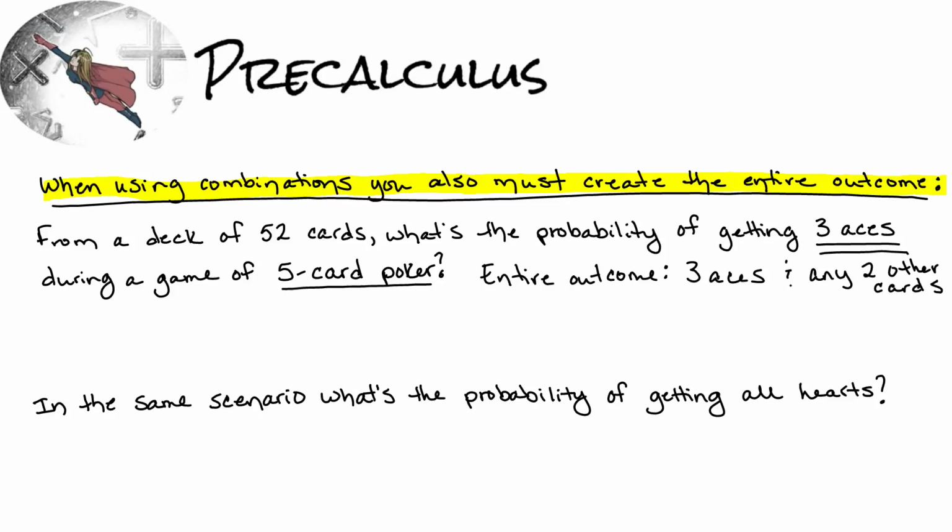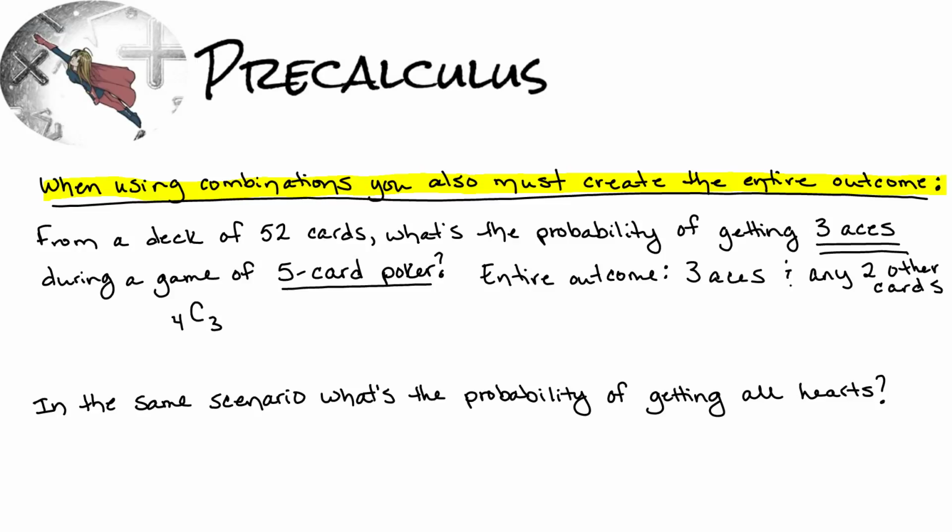Since there's 52 cards and altogether we're selecting 5, we have to use combinations because we're choosing more than one single card. So the number of ways to get the 3 aces: in a deck of cards, there's 4 aces altogether, and we just want to choose any 3 of them.